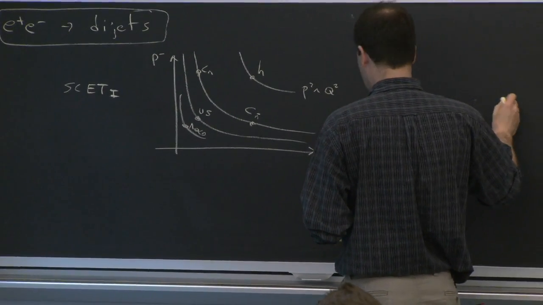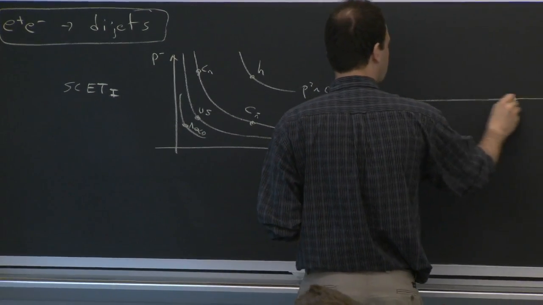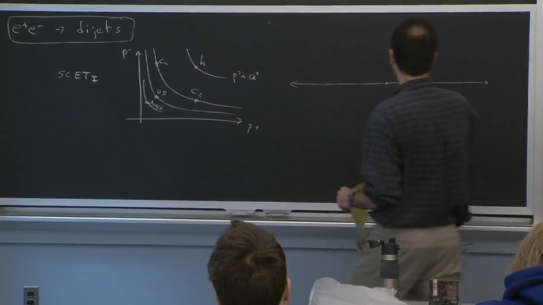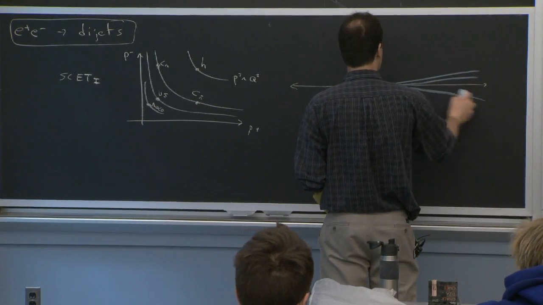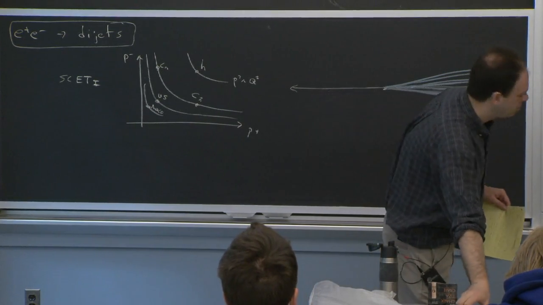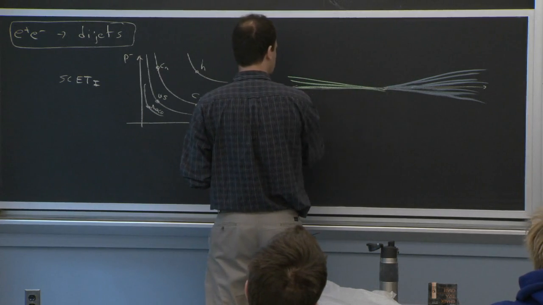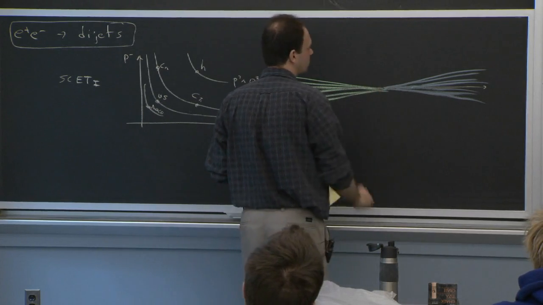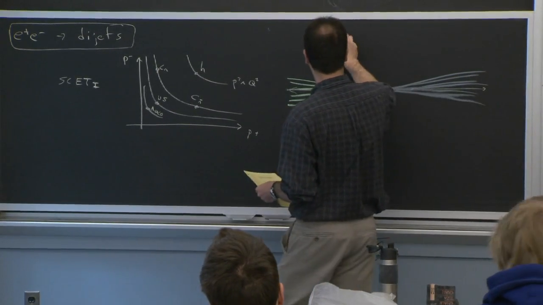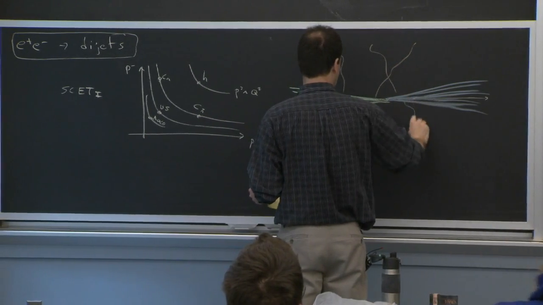We have back-to-back jets. Let me draw one jet this way, one jet this way. Maybe I should use some color. So there's one of our jets. There's another. And then there can be soft radiation between these jets.